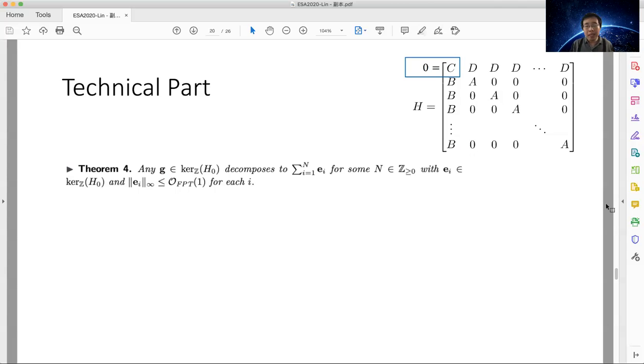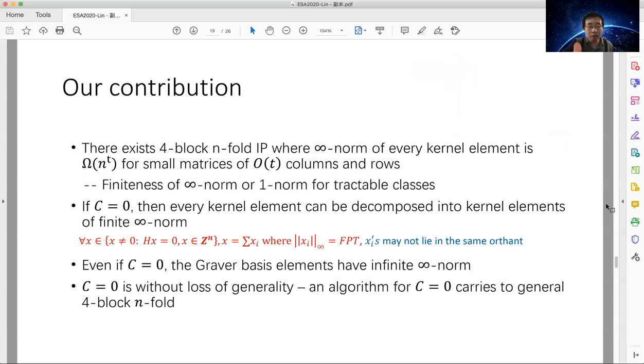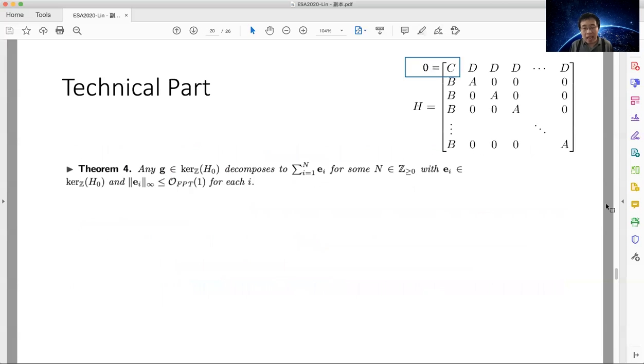Here I'm picking our second result, where when C equals 0, we show that the kernel element can be decomposed into thin kernel elements. I would like to give you a very brief idea of the general proof for this.